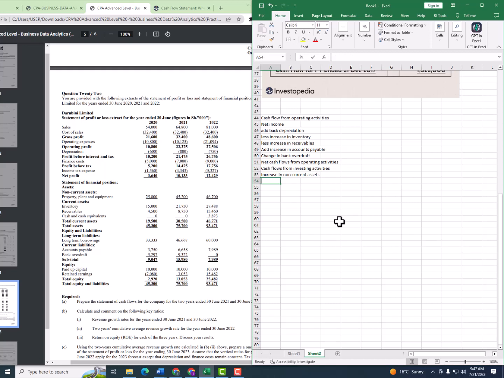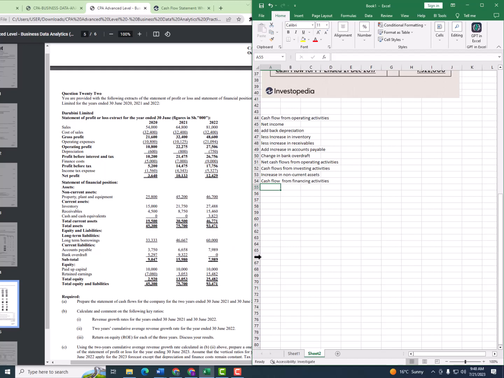Then we can say cash flow from investing activities. Now our cash flow from financing activities. And under financing activities, we can see long-term borrowings were increasing.